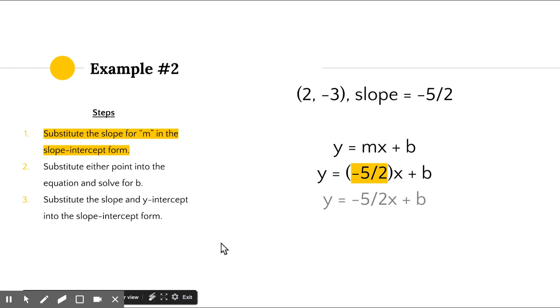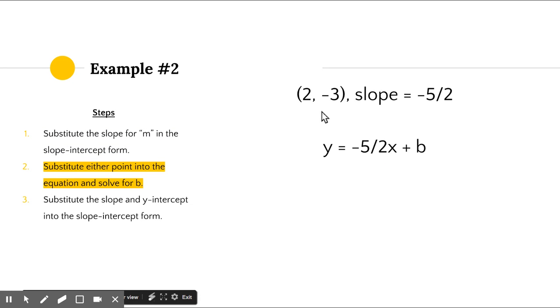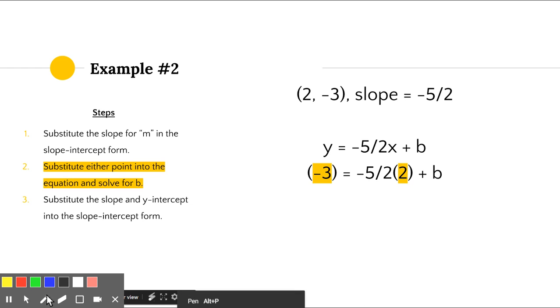In this case there isn't, so I can just drop them, and now our slope is in our slope-intercept form. But we need to find our y-intercept, and the way we're going to do that is by plugging the x and the y into this equation. So I'm going to input 2 into x and -3 into y.